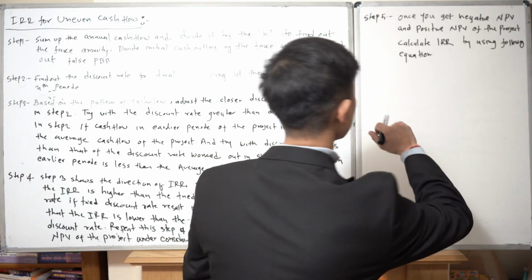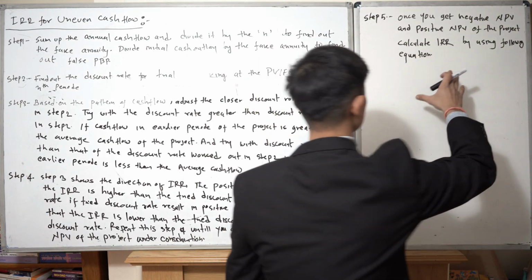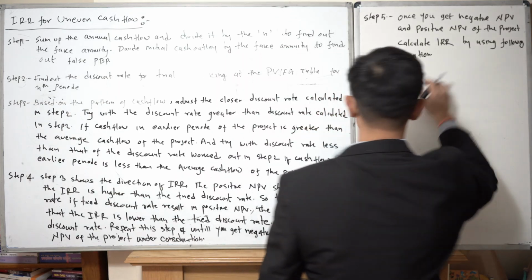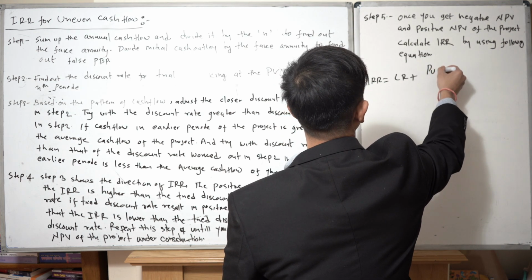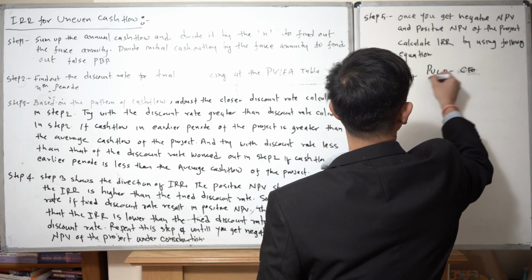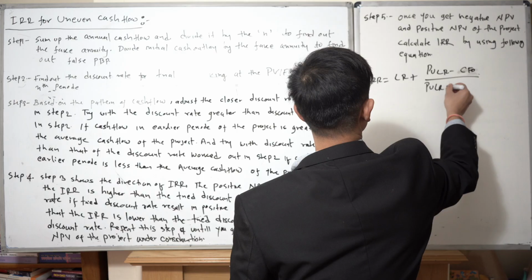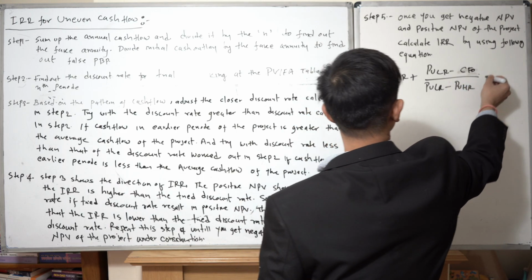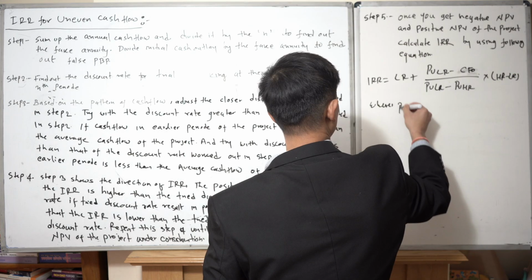And step 5: once you get a negative net present value and a positive net present value for the project, calculate IRR by using the following equation: lower rate plus CF0 divided by the present value at lower rate minus the present value at higher rate, multiplied by the higher rate minus the lower rate.